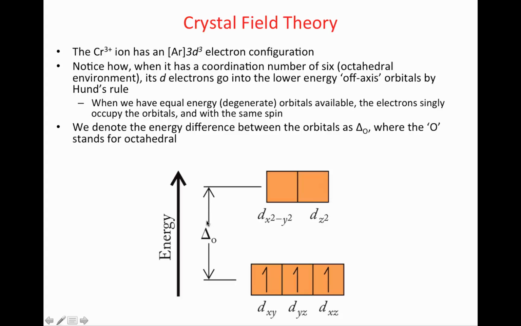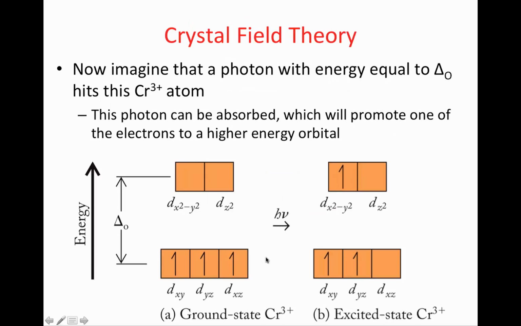So I guess we've already said this before, this is the splitting between the d orbitals. These are the off-axis orbitals, these are the on-axis orbitals. The 3 electrons go into the lower energy orbitals as shown here. Now, this is also important. There's this energy gap between these sets of orbitals.